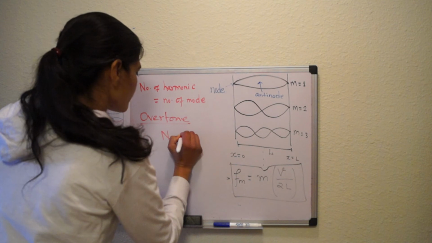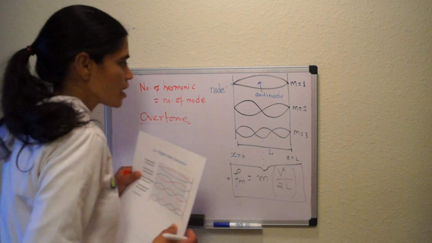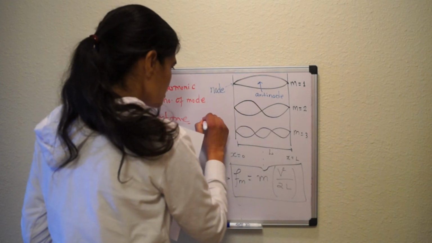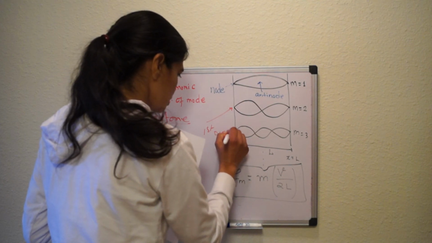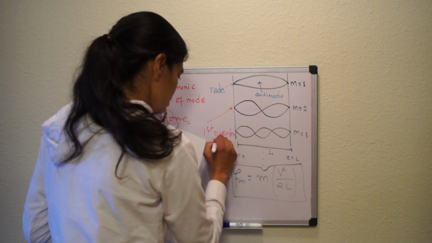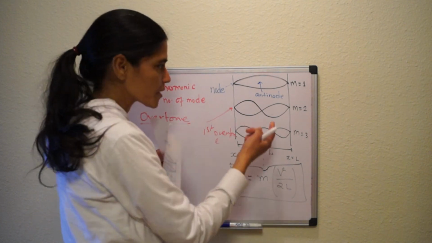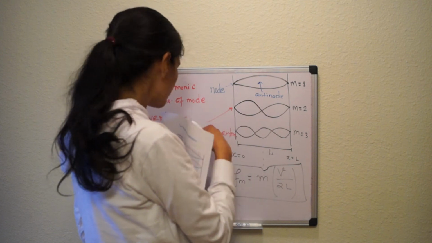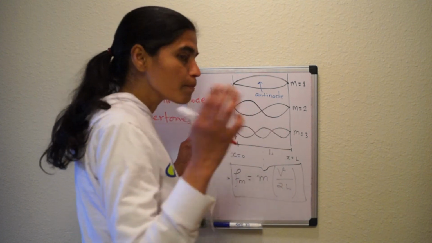Now the number of overtones. Look at this, this is the first overtone. So how do you find out which is the first overtone? You look at the nodes in between.